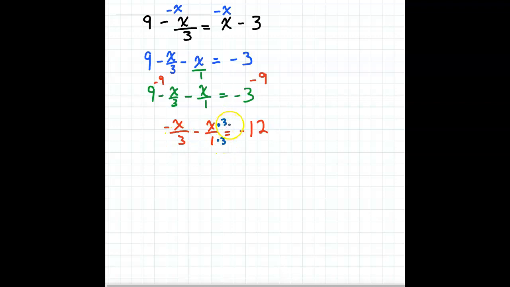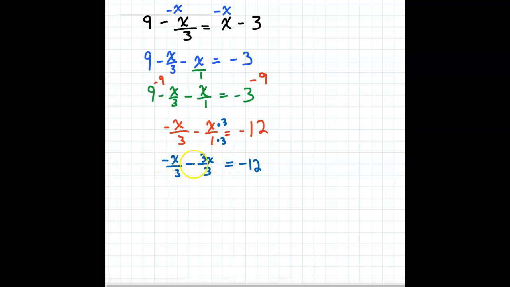Now, if I do that, 3 divided by 3 is equal to 1, so I can do that. So I have common denominators. So I have negative x over 3 minus 3x over 3. That's equal to -12, right?